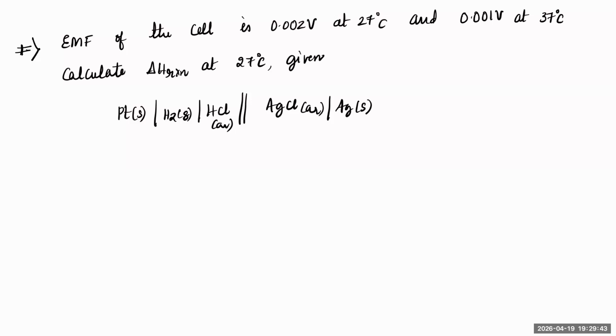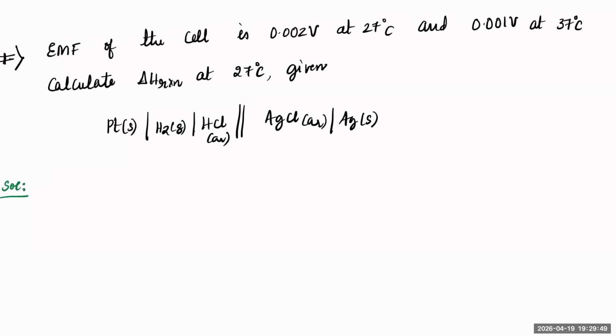If you may recall the thermodynamic relations between E cell and delta H and delta S. First, let me write delta G. Delta G is equal to delta H minus T delta S.